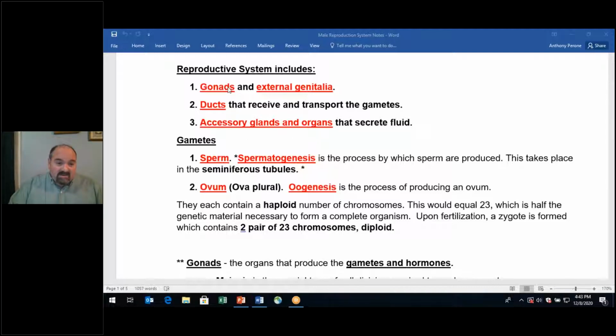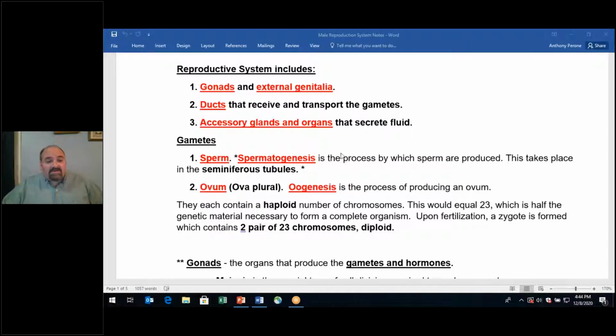So we have these gonads, the organs that produce the gametes, and the external genitalia, which allow sexual intercourse, coitus, to take place and allow for the possible fertilization of the ovum. The ducts will carry these gametes, and the accessory glands and organs will secrete fluids into the mixture to enable fertilization to take place. So they would be pro-fertilization.